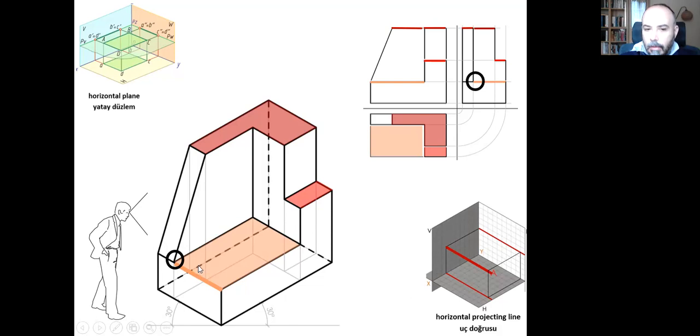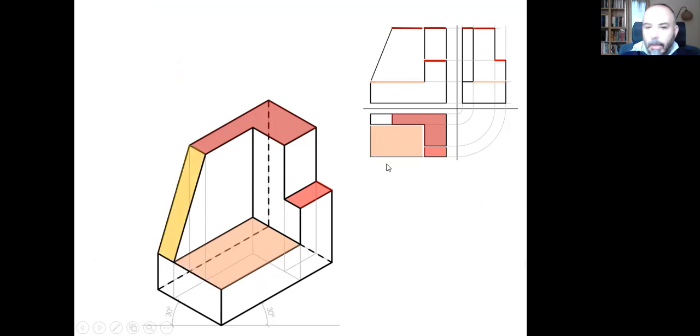There is no difference between these two lines, this black line and this orange line here. They are at the same distance, so I shouldn't leave any gaps. However, because of this difference between this orange line and this vertical line at the back, I need to leave that gap.